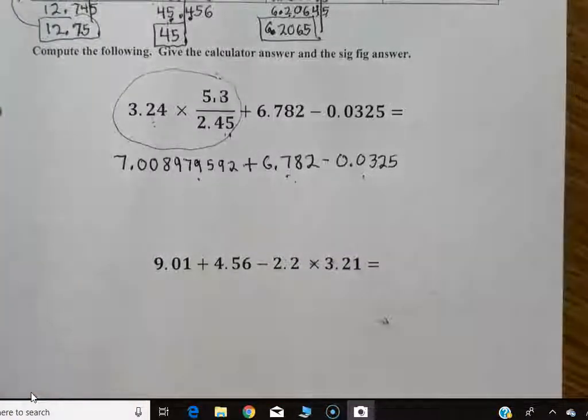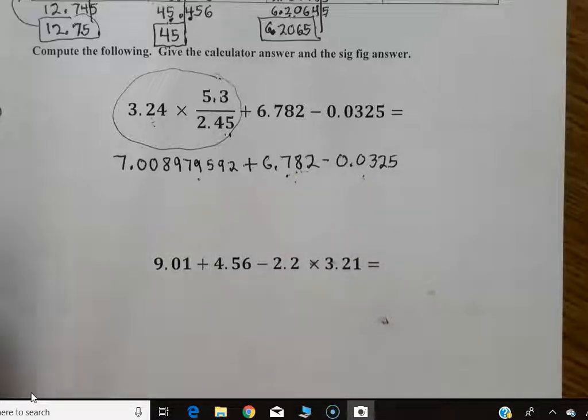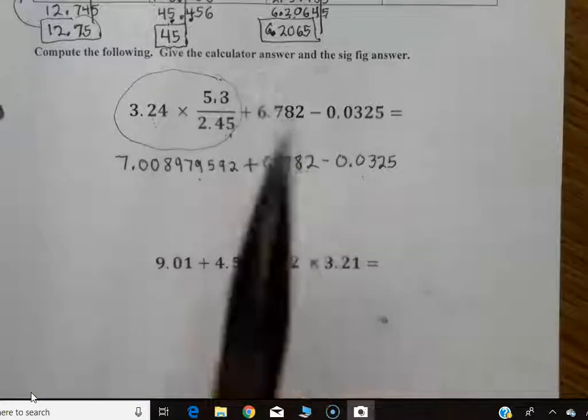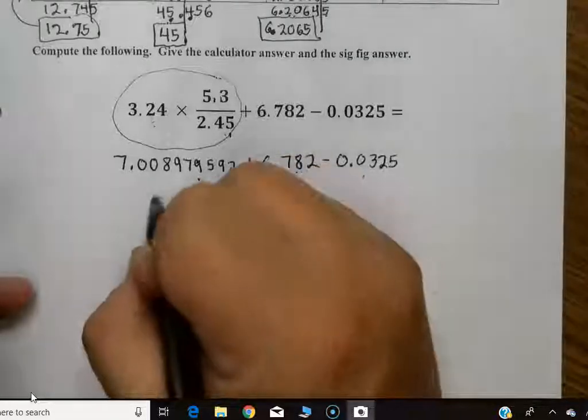Again, subtraction is not commutative. You can't switch those two around, but you can do this in any order, okay? Let's just do it in the order that it's put there. So I have that big number plus and I end up with this.